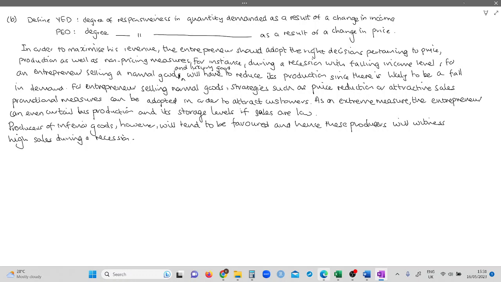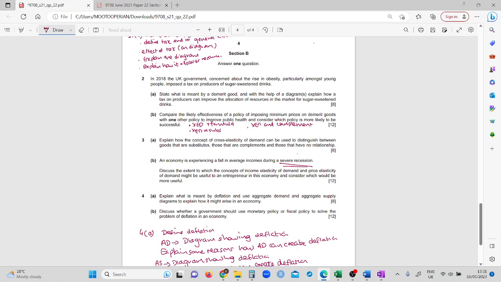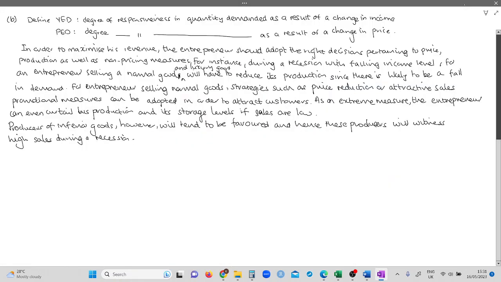So here we have explained the why. Let's read the question again: to which extent is the concept of YED and PED useful to entrepreneurs? Here we have already explained the YED. Now we have to explain the PED.